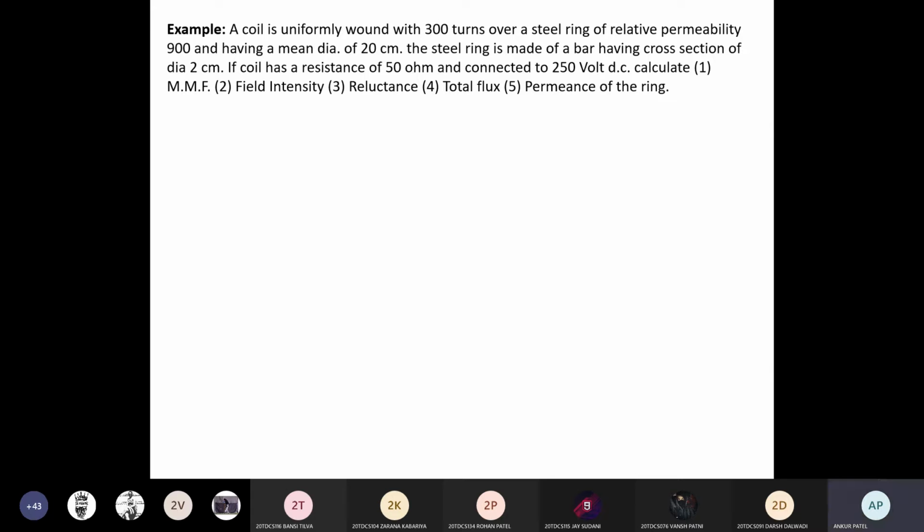So the answer: pi you can consider 3.14, d is given 20 centimeter.